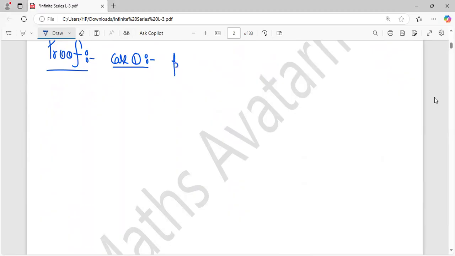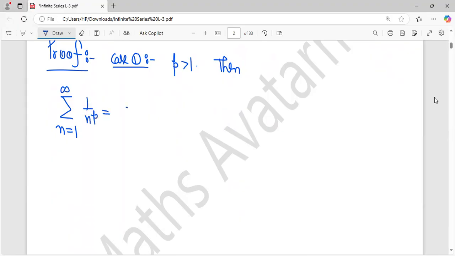Case 1: p is greater than 1. Then what is this summation, n goes from 1 to infinity, 1 upon n to the power p?